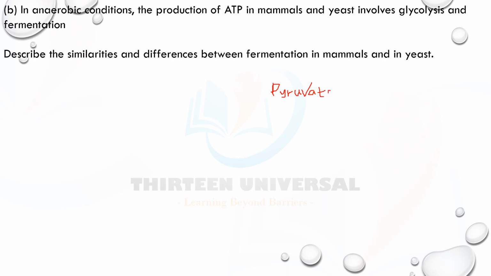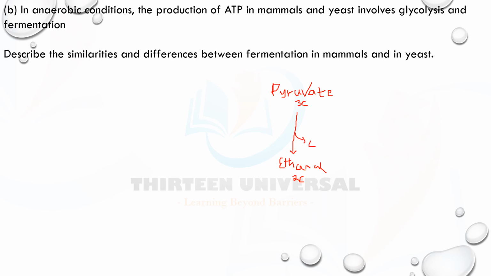Remember, pyruvate is a 3-carbon compound. So the first thing that happens is it is converted to ethanal, a 2-carbon compound. Now, guys, what type of reaction is this?